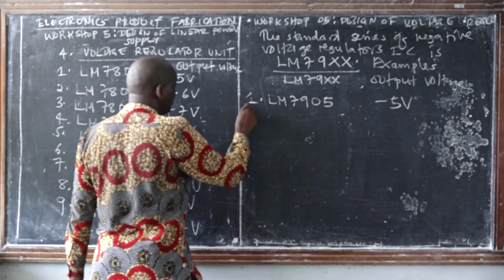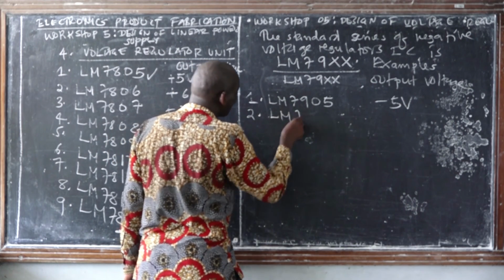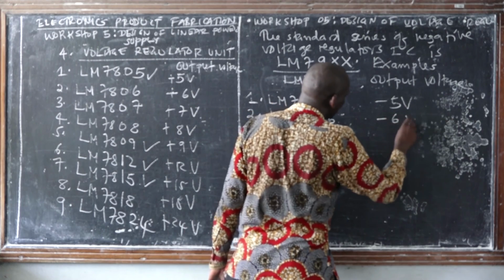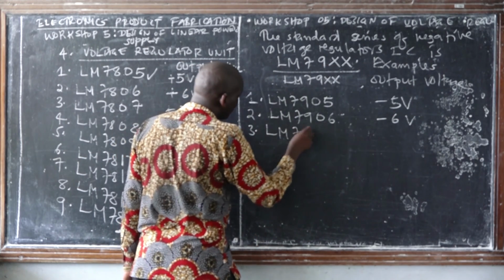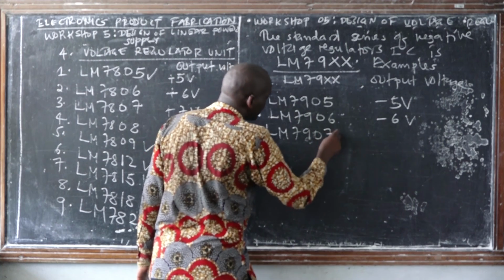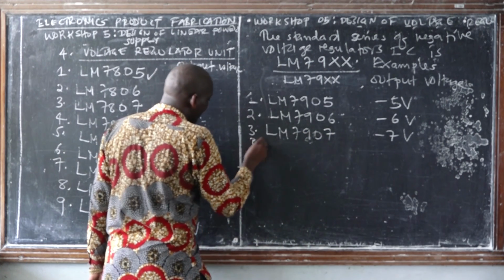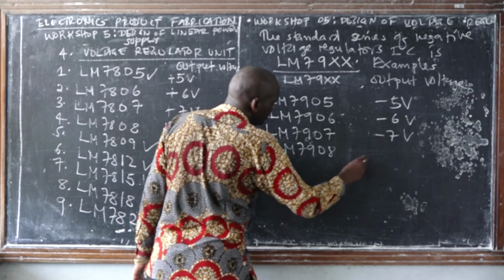The next example, LM7906, negative 6 volt. Then LM7907, 7 volt. Then LM790 negative what?